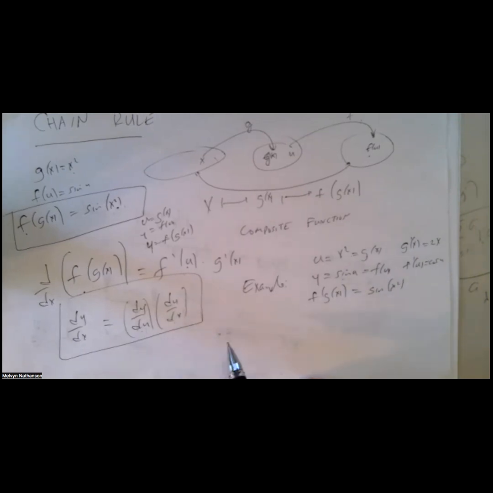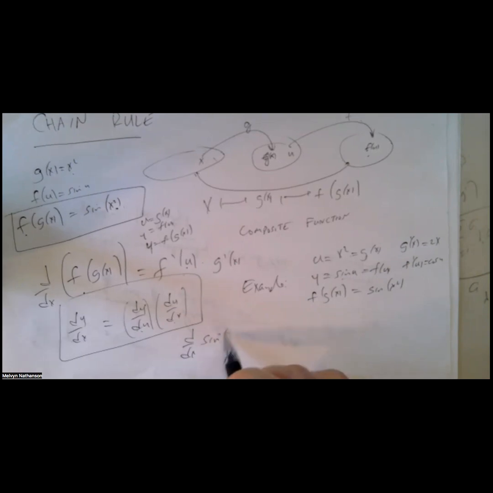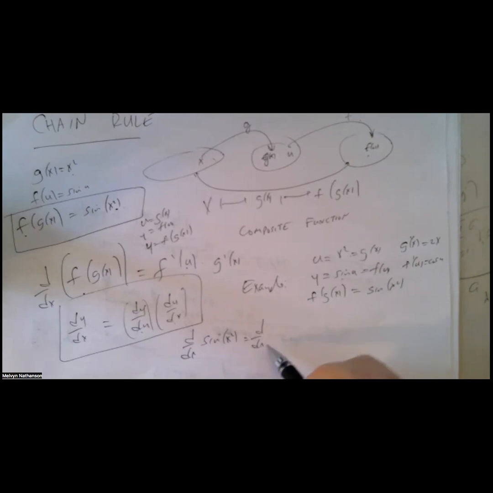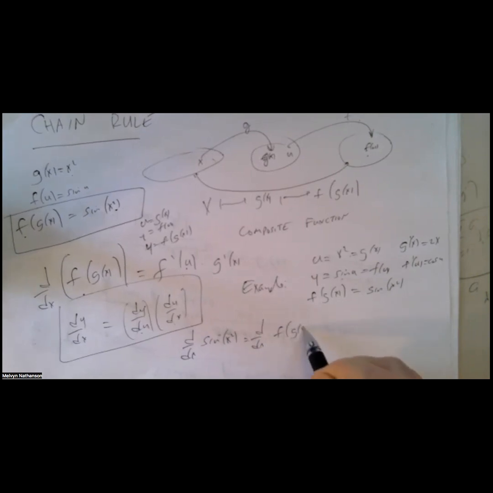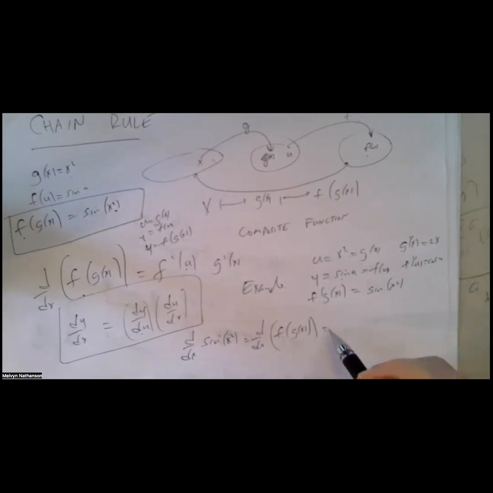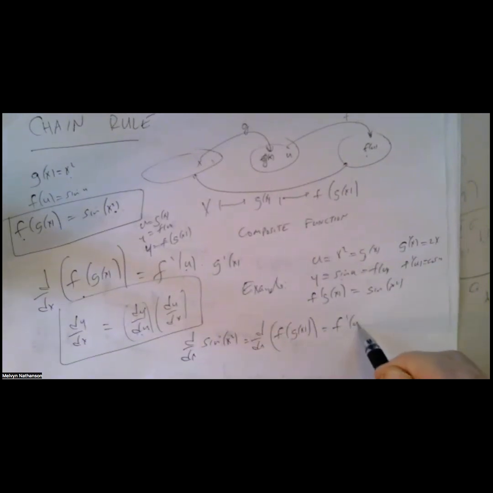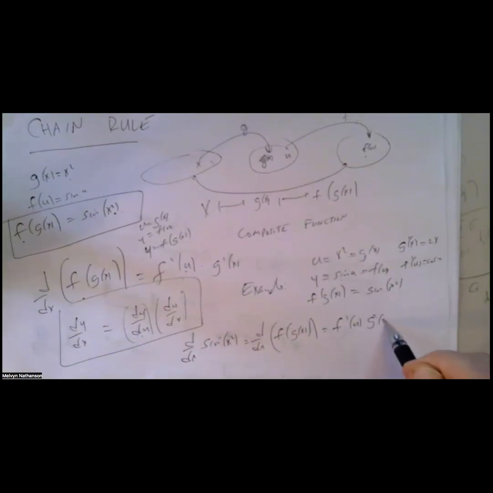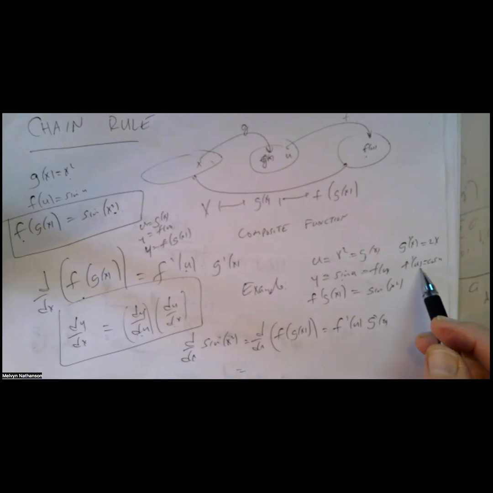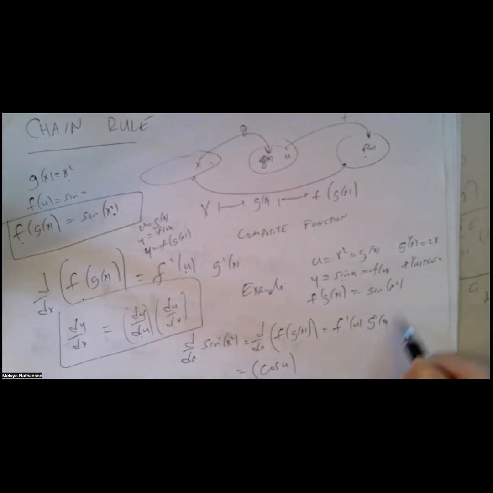So if we use this formula, the derivative with respect to x of the sine of x squared, that's the derivative with respect to x of f of g of x. That's f prime of u, g prime of x. F prime of u is the cosine of u, g prime of x is 2x.